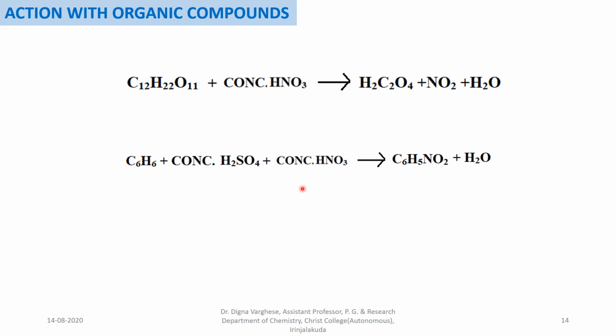It will undergo nitration and give nitrobenzene with water. So nitric acid acts as an oxidizing agent as well as a nitrating agent with organic compounds. Here it shows its oxidizing action, here it shows its nitrating action.